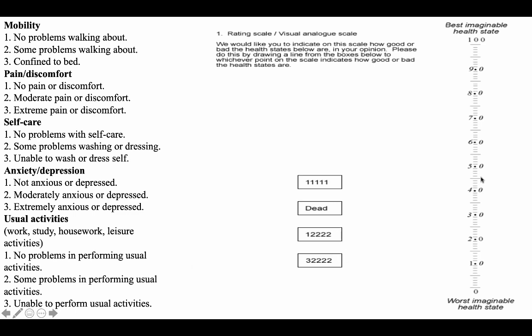So where would you rank these other two? With the rating scale, we're just sitting people down and asking, for this perfect health state, what do you think? And for other health states, where would you rank this on our scale?